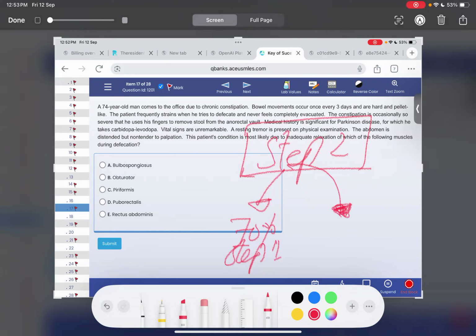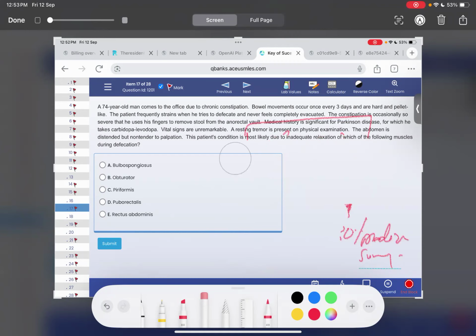So it is 30% medicine and surgery, and 70% is Step 1. So if you study well for Step 1, it will be easy for you to clear the Step 2 exam. Okay, any new volunteer who wants to go with the question?